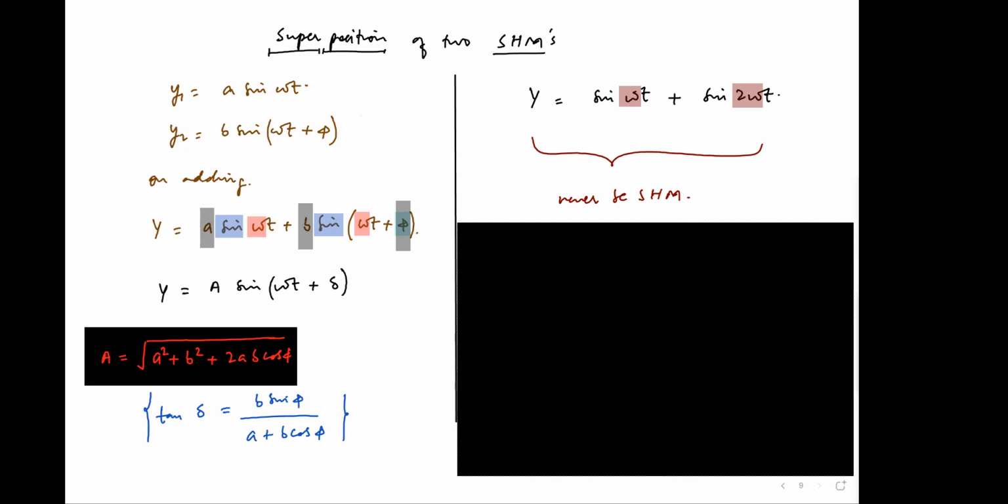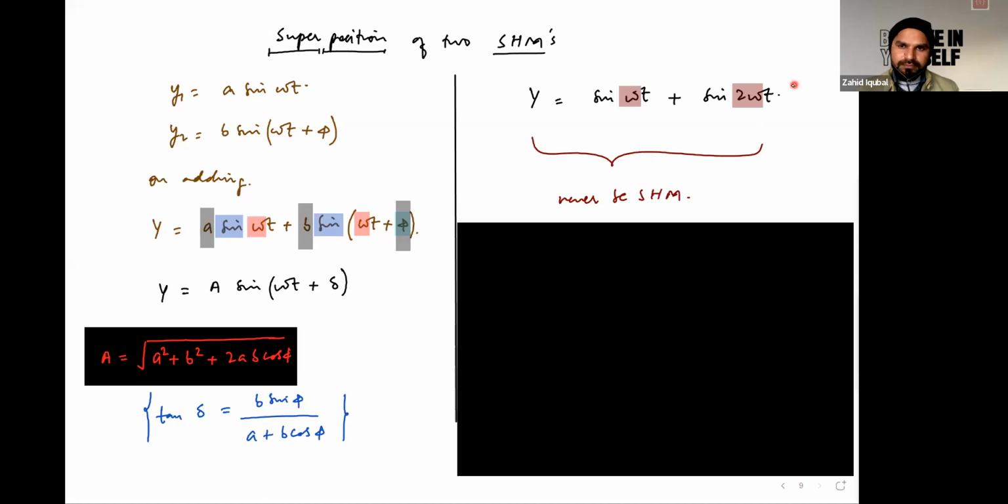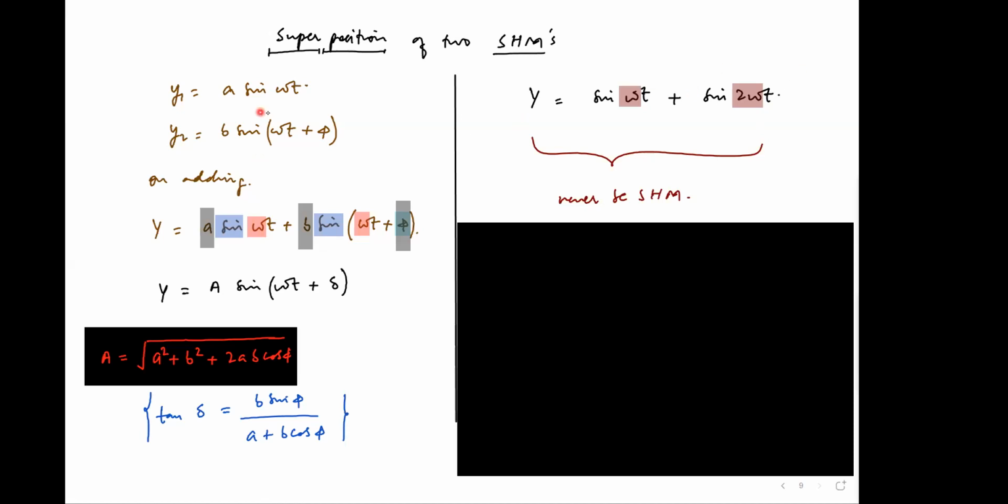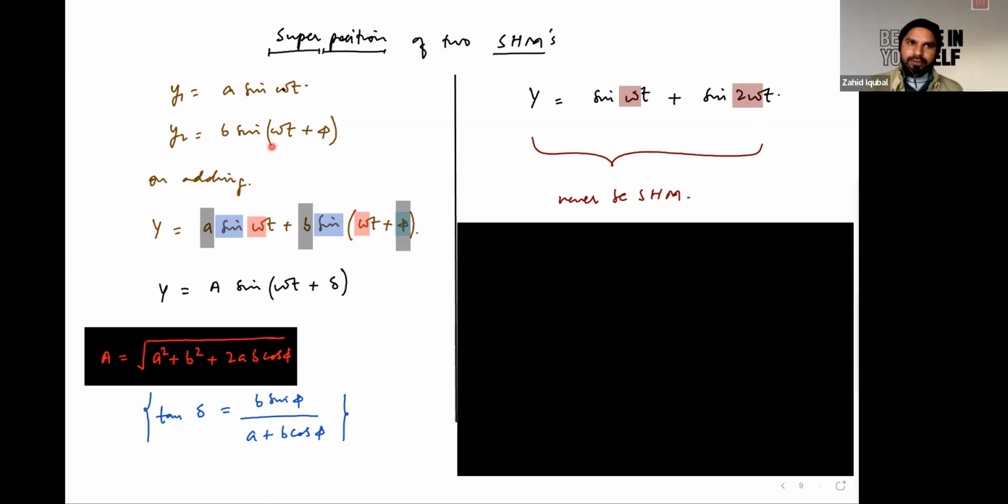Sir, by the way, could you again explain the last part? Yes, sir. In this part, we had omega and omega same angular velocity for both these two terms. So on adding, you will get resultant as another SHM having same angular velocity omega.